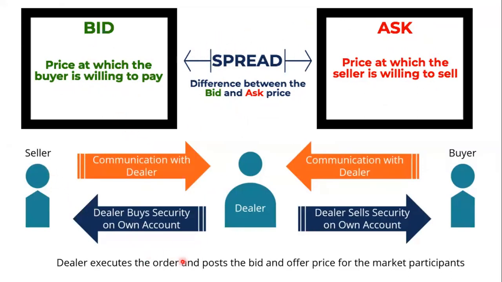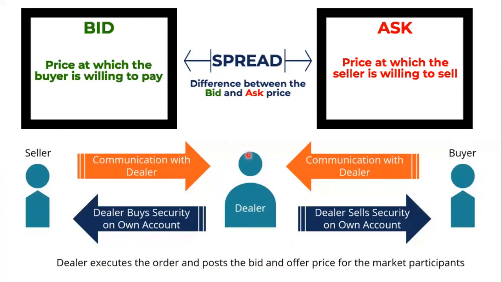See the diagram. The dealer executes the order and posts the bid and offer price for the market participants. Here this side is the seller and this side is the buyer. The seller has made communication with the dealer to sell the shares, and the buyer also communicates with the dealer.